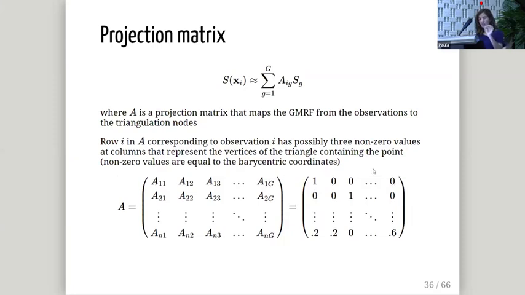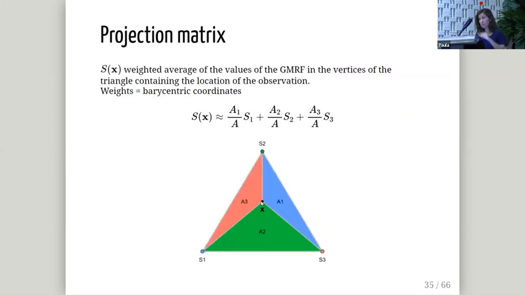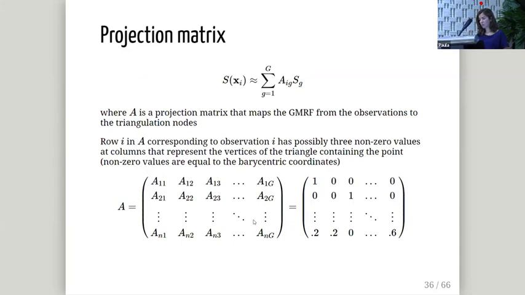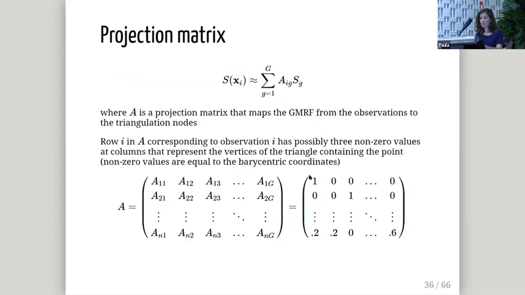If we have an observation that is in the vertex in position 3, we will have one here in the third position and the rest 0. And then if we have an observation like here that lies within one of the triangles, all the elements of the row will be 0 except 3 of them that will be the positions of these vertices, S1, S2, and S3. And there will be the weights, these weights, A1 divided by A, and so on. Okay, so this is the projection matrix that we need to calculate in INLA, in SPDE.